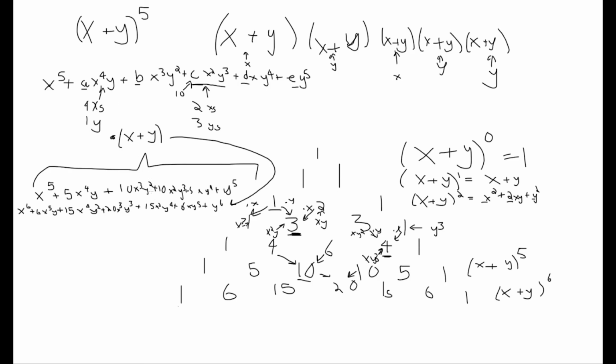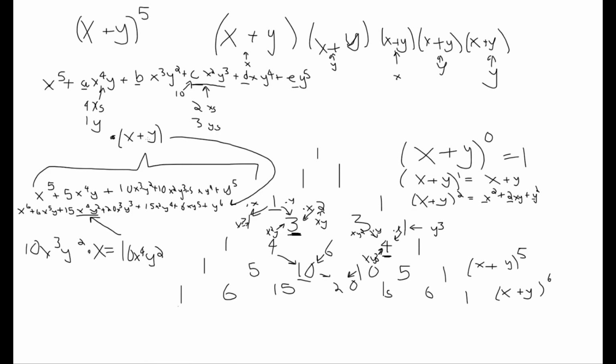When it multiplies by the x, we get 10x cubed y squared times x, which is equal to 10x to the 4th y squared. So now if we look for the x to the 4th y squared, it turns out this 10x cubed y squared works to produce 10x to the 4th y squareds when it's multiplied by x.